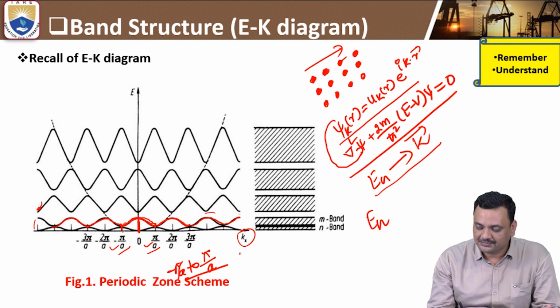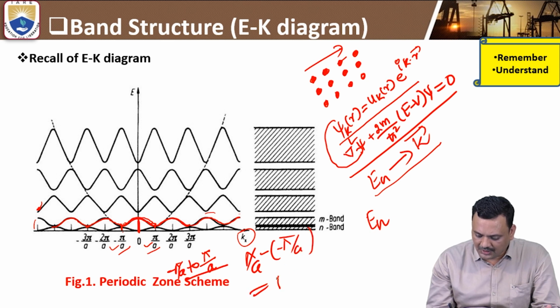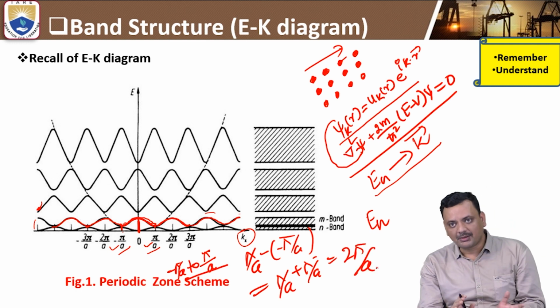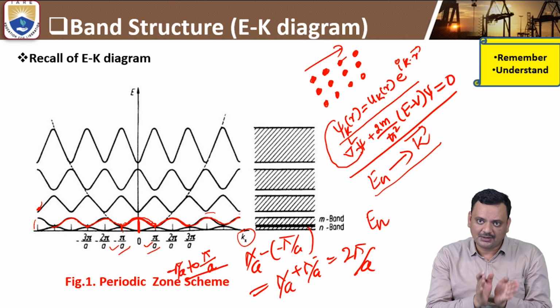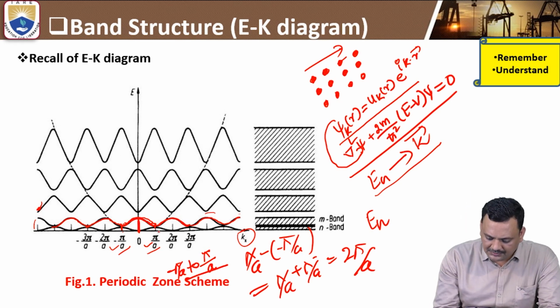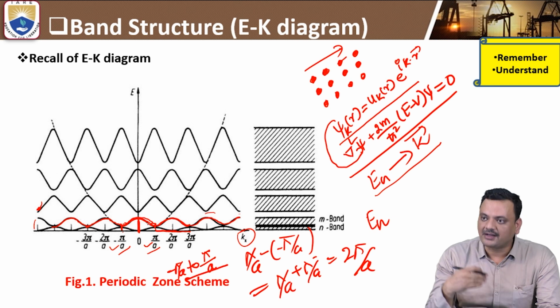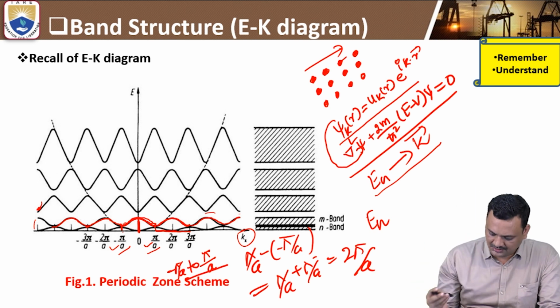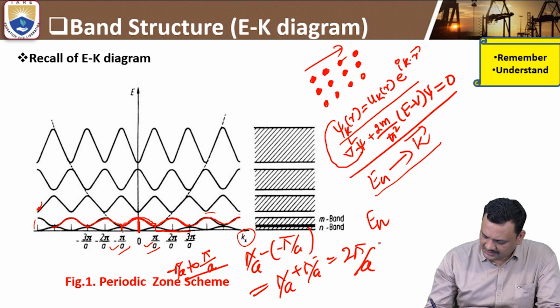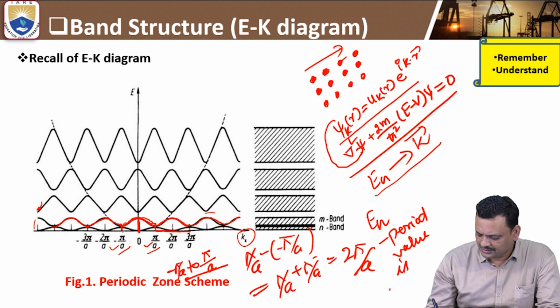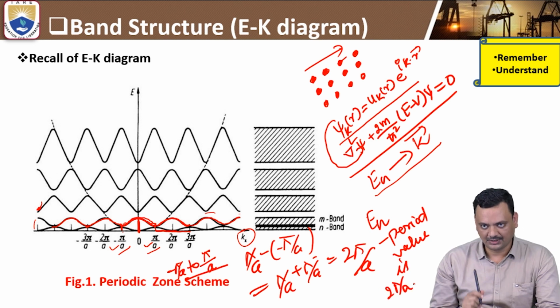So the period will be pi by a minus minus pi by a, that is pi by a plus pi by a, which is 2 pi by a. So the period is 2 pi by a. After every 2 pi by a, the same pattern will occur.